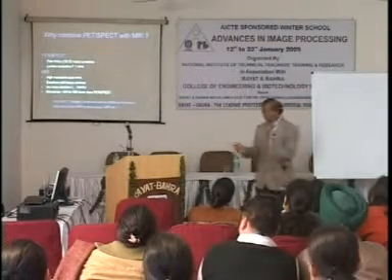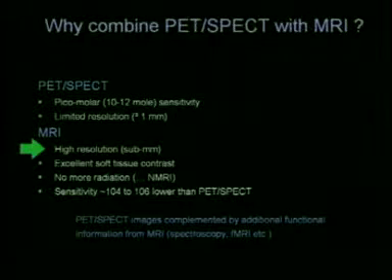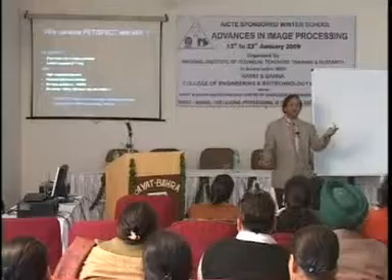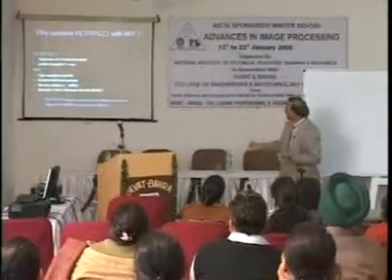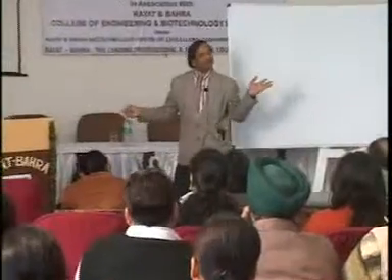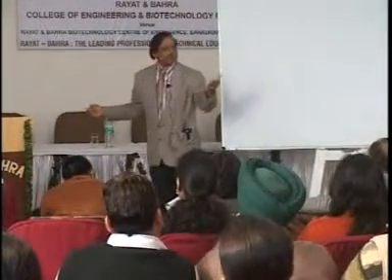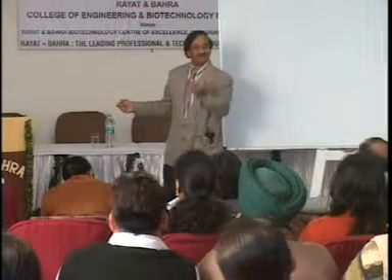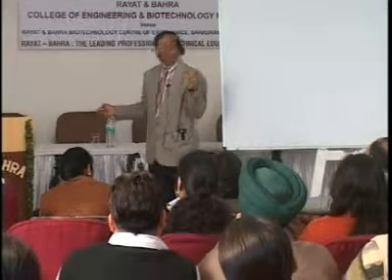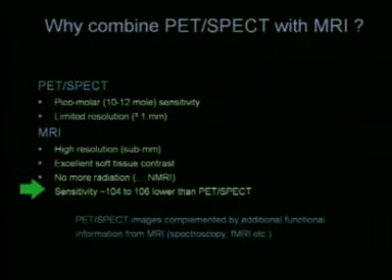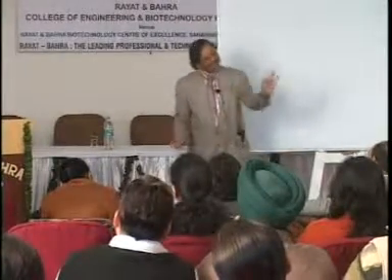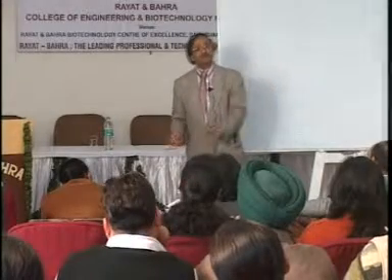But when you talk about MR, it's a very high resolution, something like 100 micron resolution. You have excellent soft tissue contrast, which is not possible in any other modality other than MR. Of course, in MR there is no radiation, and you have a sensitivity which is much lower than what you have in PET. So if you couple these, you have an excellent sensitivity with millimeter resolution.